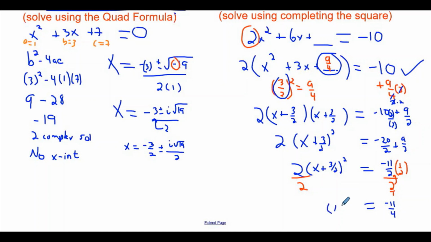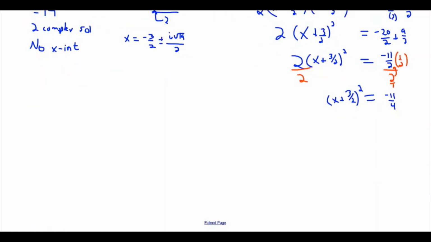And now you might realize why that was actually, I know that fraction part was a lot, but that sure is going to be easy in this step, because here we're going to take the square root. We're going to square root this plus or minus, and the bottom is now the square root of 4. So remember, when we take the square root of this, we square root the top, the square root of negative 11. Oops.